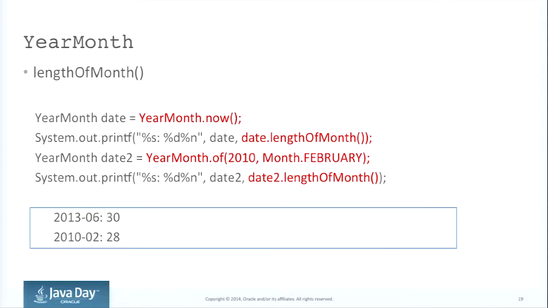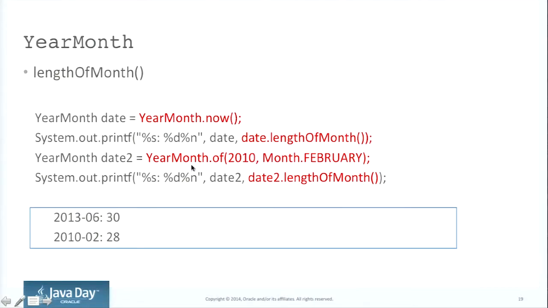Okay? We have the month of the year. So for example, you can query, what is the month right now? That will give you a month. And from that month, you can actually find out the length. You can get a second date and print out the length of that particular month.